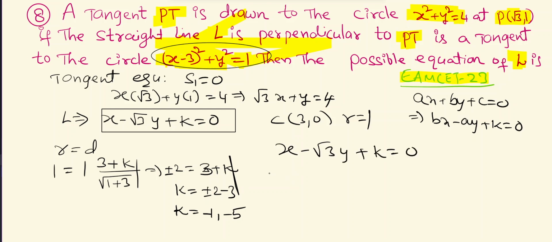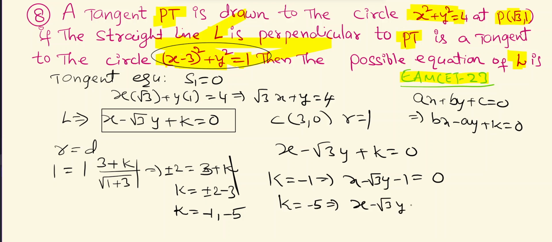If k = -1, x - root 3 y - 1 = 0. If k = -5, x - root 3 y - 5 = 0. These two are the possible equations of the line.